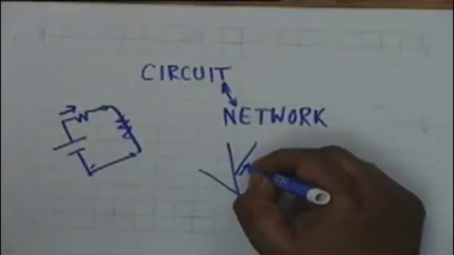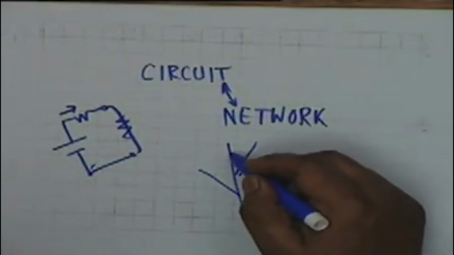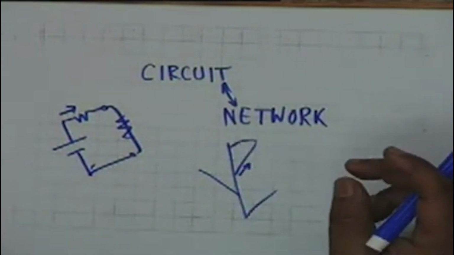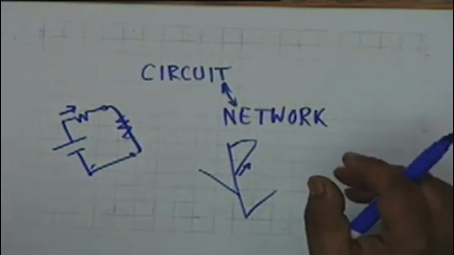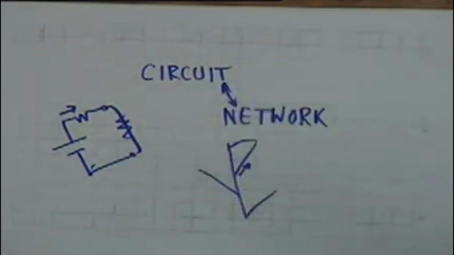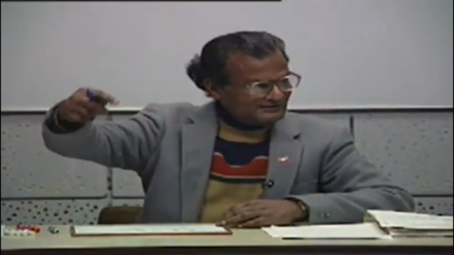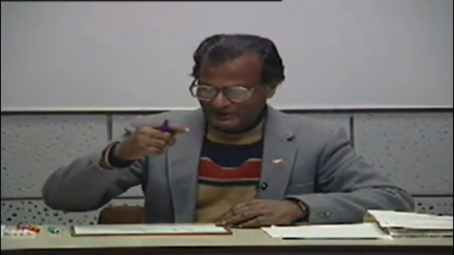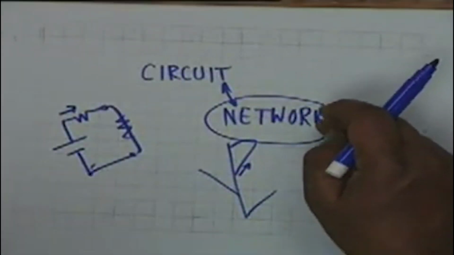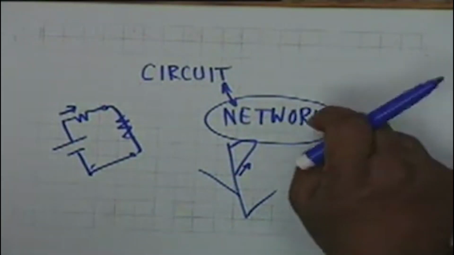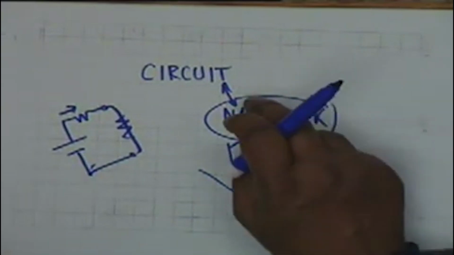If a chemical starts rising up, it cannot come back to the tree unless you provide another path, which happens in the big banyan trees. You have those adventitious roots, and therefore the juices flow in a circuit. The point I am mentioning is that a network is not necessarily a circuit. A network may not contain a circuit at all. A network is a more general term than a circuit.